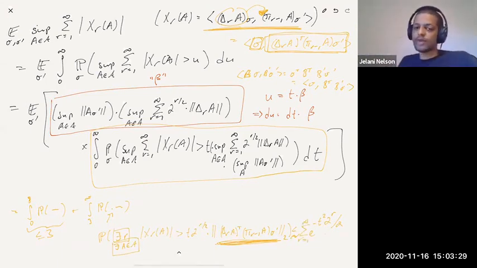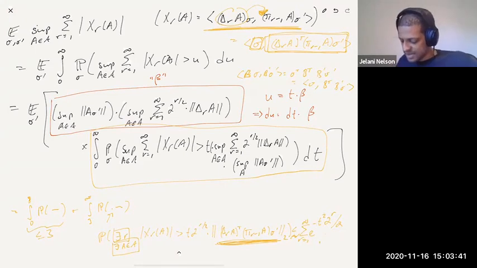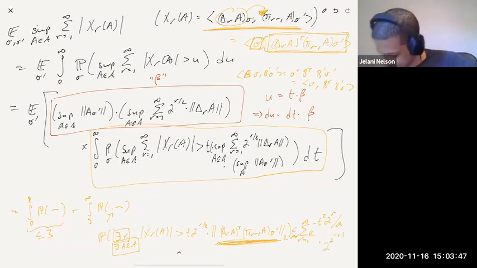And then if you're going to union bound over all a, well, how many possibilities are there for delta r of a and pi r of a? At most, something like the size of tr times the size of tr minus 1, which is something like 2 to the r plus 1.